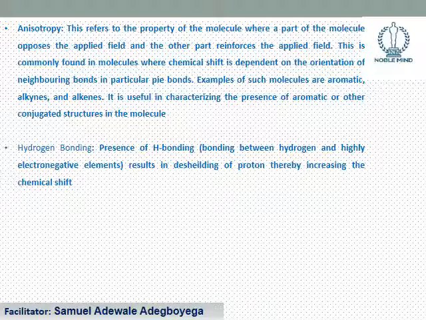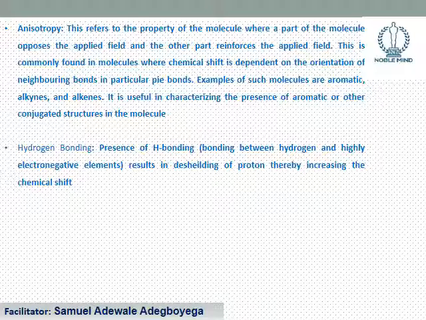Examples of such molecules are aromatic compounds, alkynes and alkenes. It is useful in characterizing the presence of aromatic or other conjugated structures.